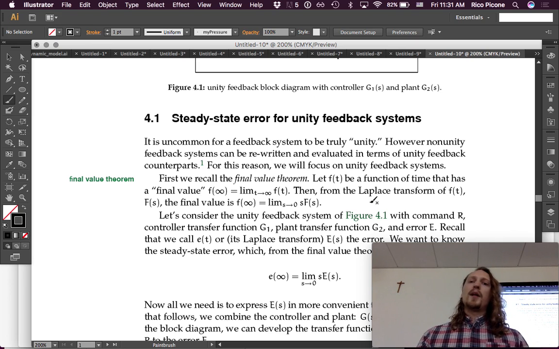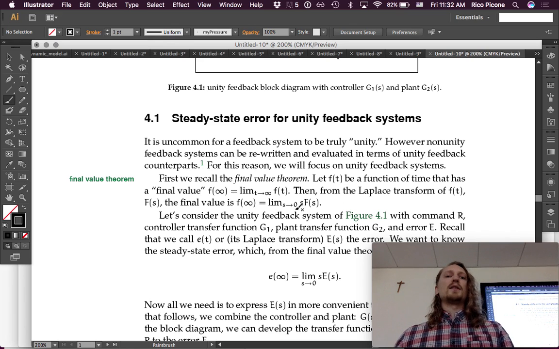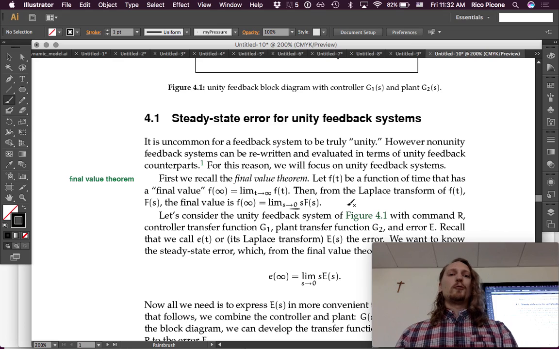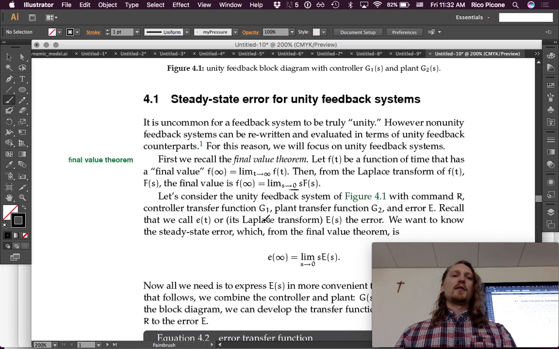Then, from the Laplace transform of f of t, F of s, if we were to think of this in the Laplace domain, it turns out that the final value theorem states that f of infinity, the final value, is equal to the limit as s goes to 0, not infinity, 0, of s times F of s, the Laplace transform of f of t. Okay, so that's another piece of information that we're going to need here, or that we'll at least use for this derivation.